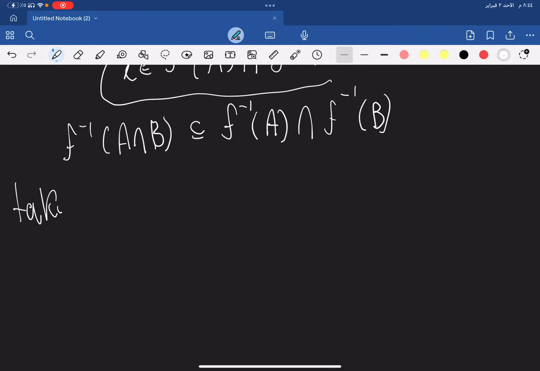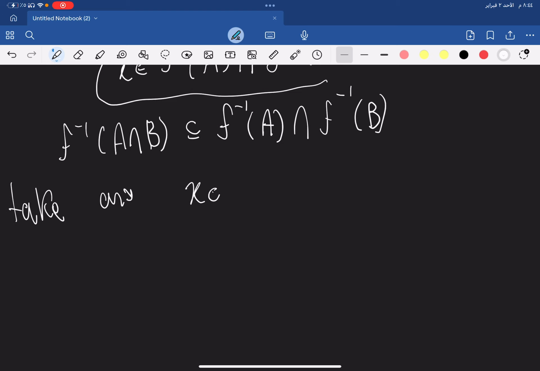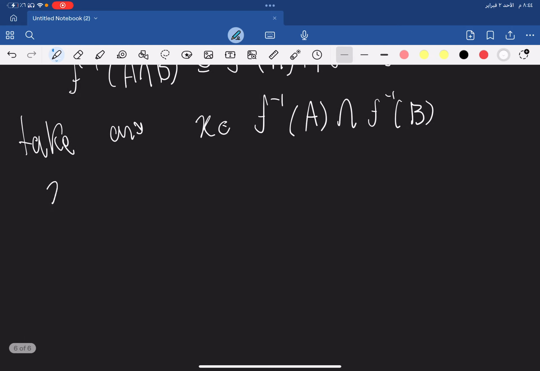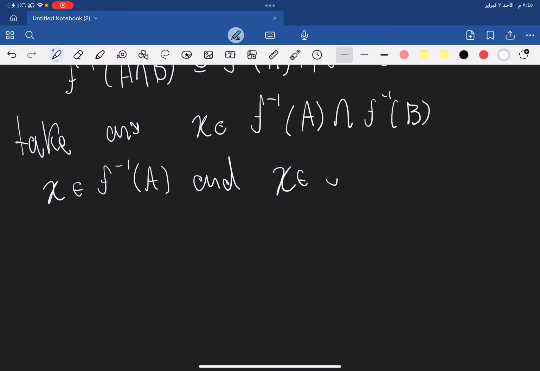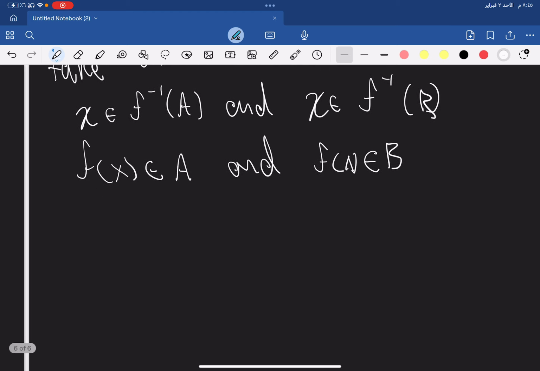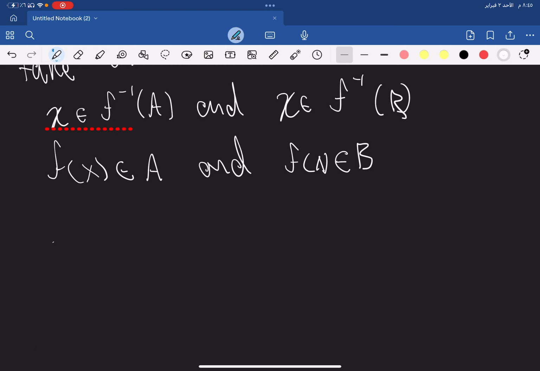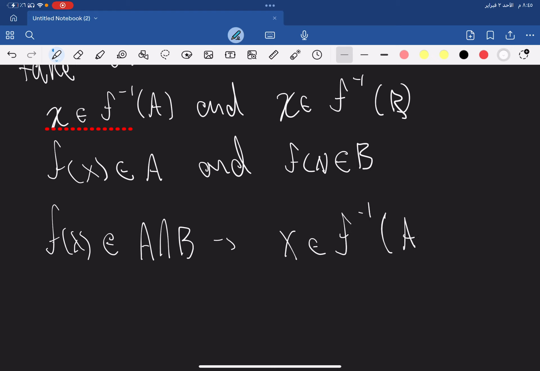So take any x in F inverse of A union F inverse of B. So that means x is in F inverse A and x is in F inverse of B. So f of x is in A, and f of x is in B. So back to the original form, f of x is in A union B. Hence, x is in F inverse A intersection B.